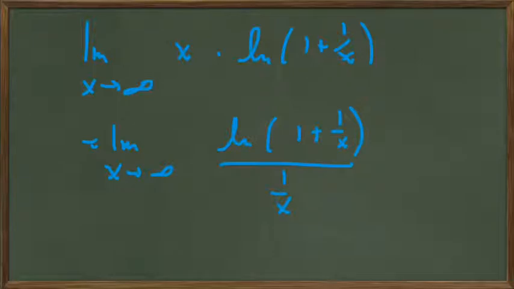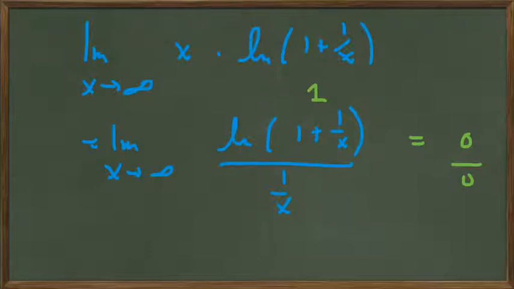When we take the limit of the top and the bottom as x goes to infinity, the top becomes ln of 1, which is 0, and the bottom is 1 over infinity, which is 0. So it's a 0 over 0 limit.